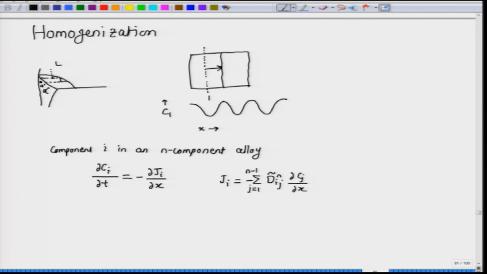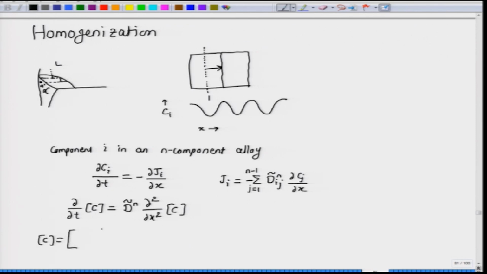If we substitute for Ji, we get a coupled diffusion equation, and as we have seen before, if we use the matrix approach, it simplifies the problem. So, if we write this equation in matrix form, we can write dou by dou t of matrix C equal to, after substituting for Ji, D tilde n dou 2 by dou x 2 of C, and we know this matrix C is a column matrix.